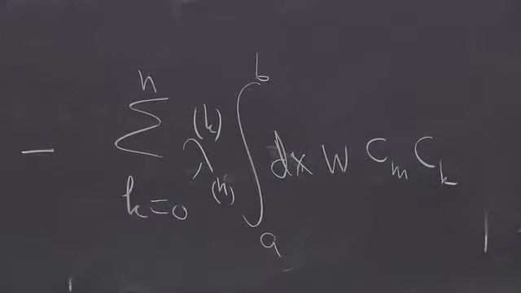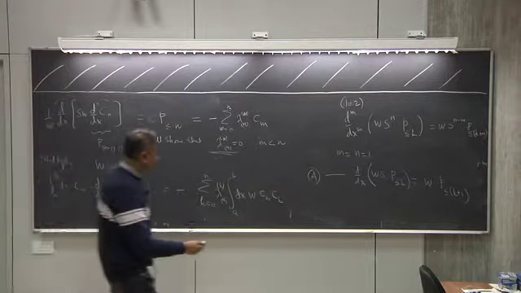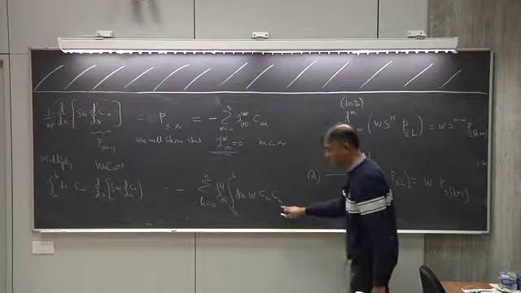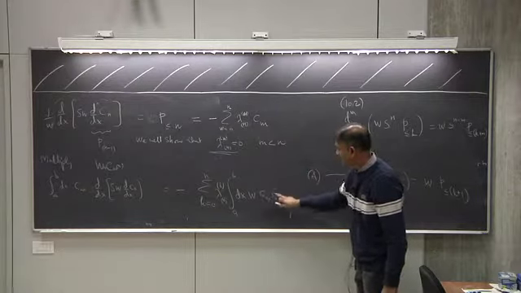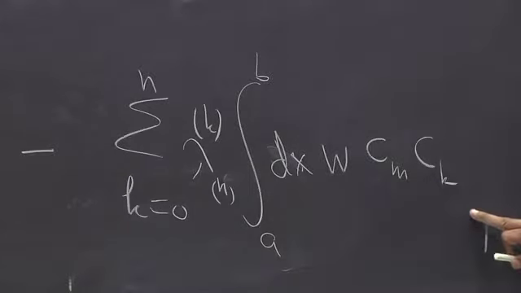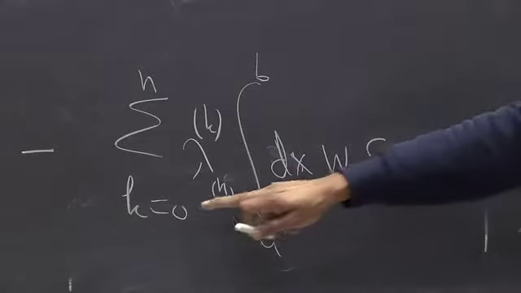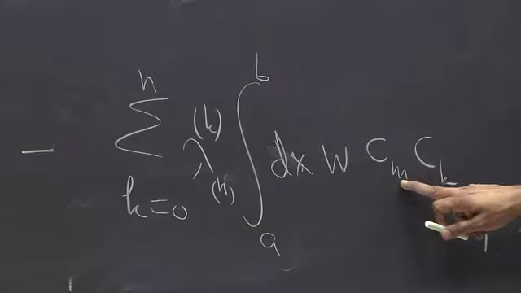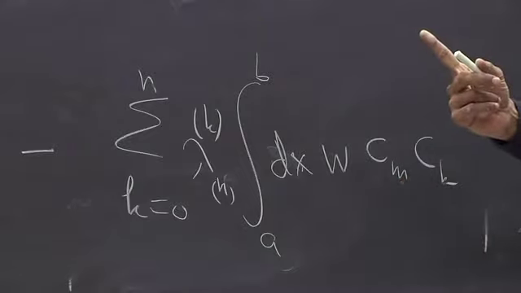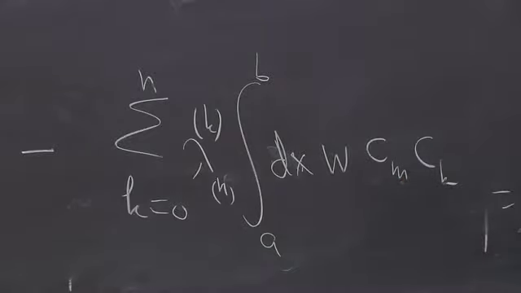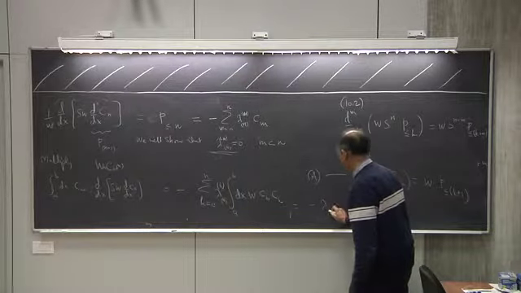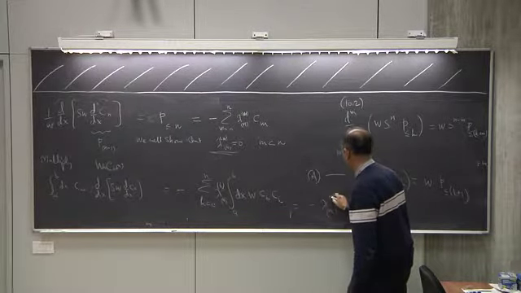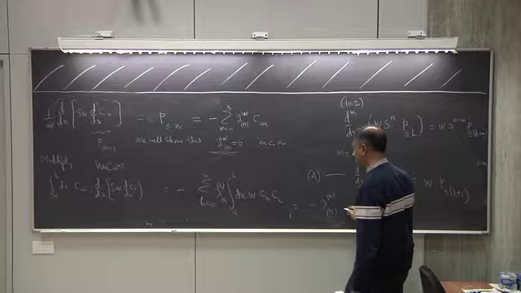Okay, that's what I just did. But now look at the right hand side. These are orthogonal polynomials. So this will be non-zero only if m equal to k, right? So in this sum from k equal to 0 to n, the only term which will survive is k equal to m. So there's only one term which survives here. So this gives you minus lambda nm times the normalization.